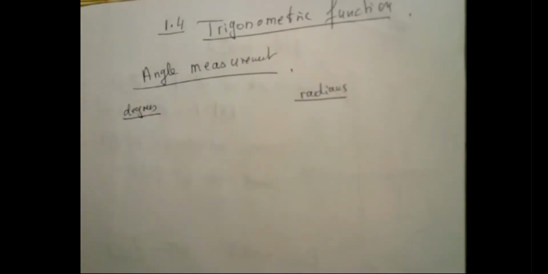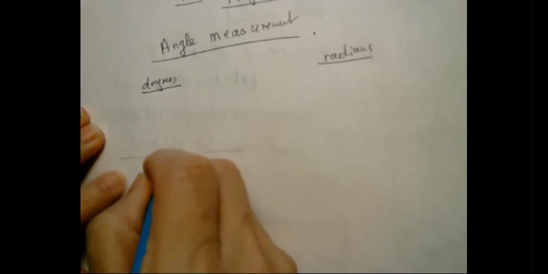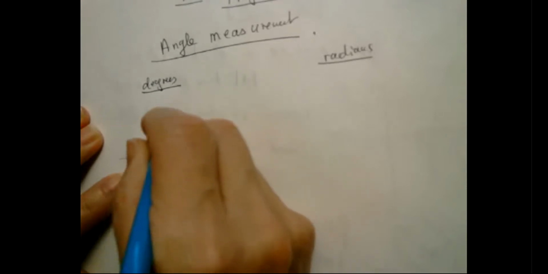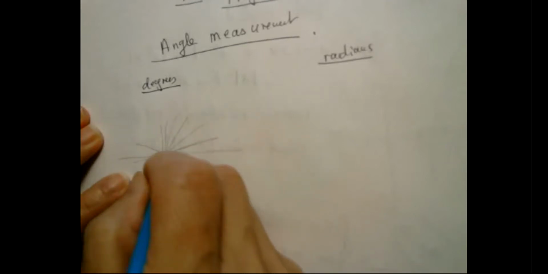Now, a degree is basically a very arbitrary measurement. What do I mean by arbitrary? What is a degree? We take a point and we split around it into 360 equal pieces, as simple as that.